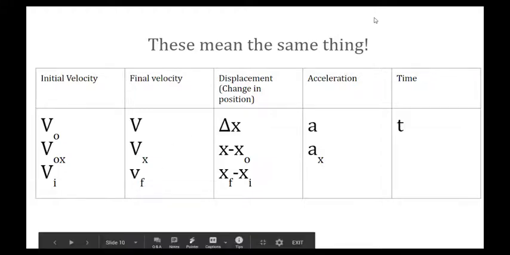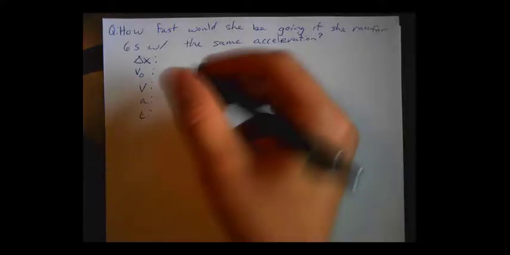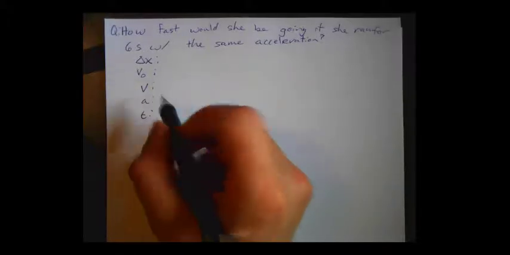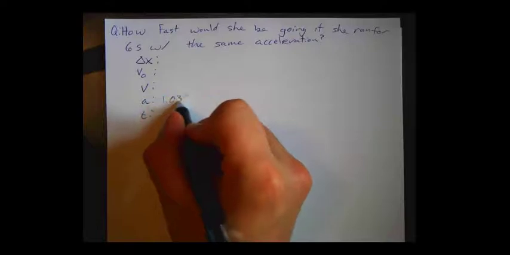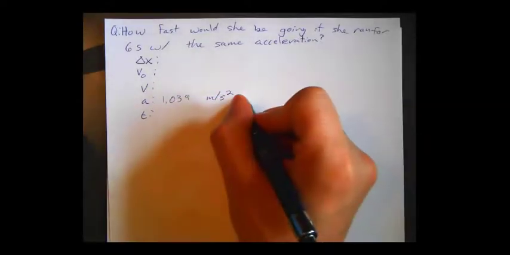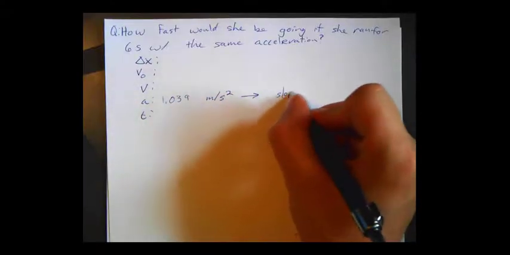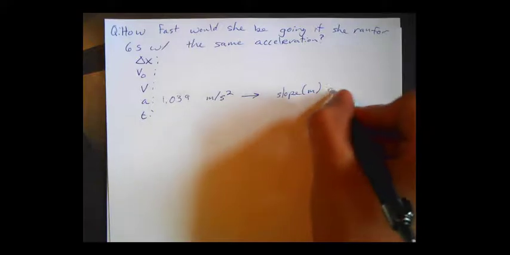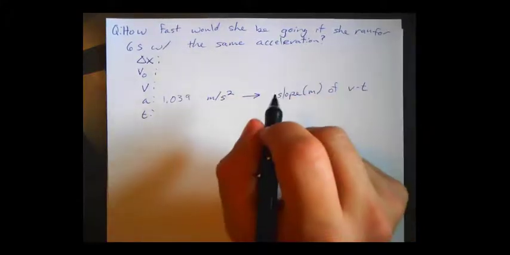So now let's solve that problem. I want to know, how fast would she be going if she ran for 6 seconds with the same acceleration? So we know that her acceleration is 1.039 meters per second squared. That came from the slope of the VT graph. And that might be given to you, or you might get it from a slope.